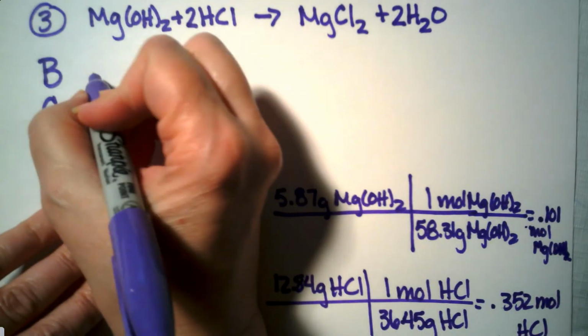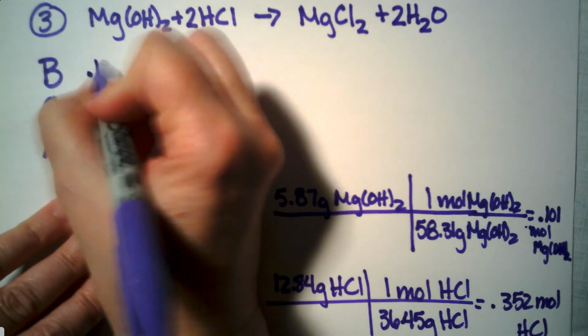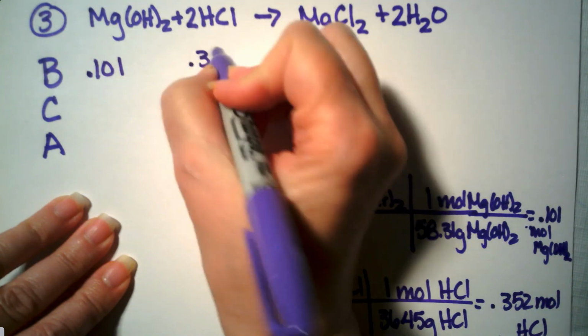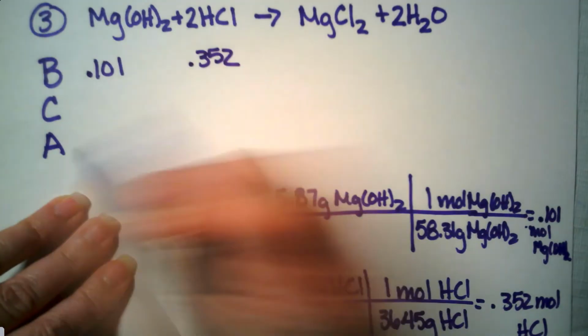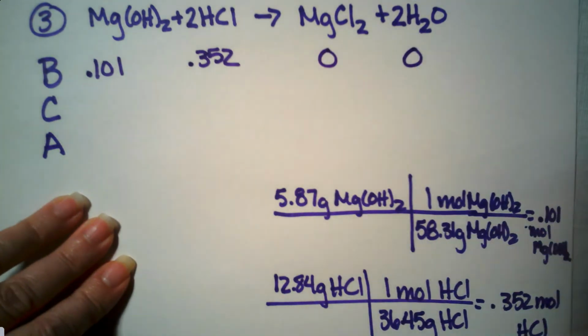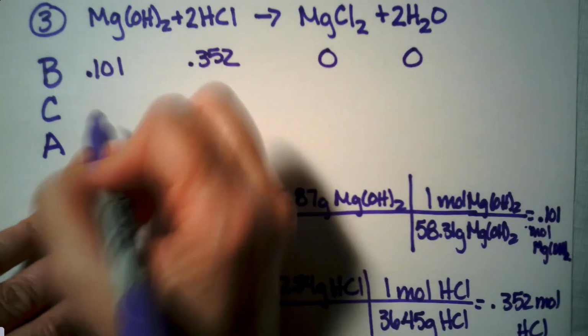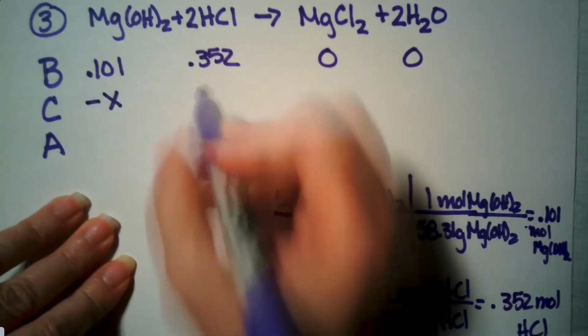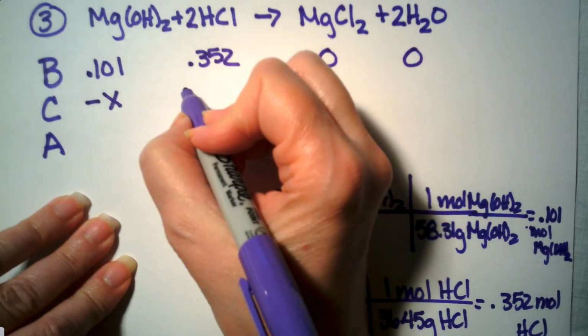Okay, so I've got 0.101 and 0.352. I know both of my products are starting out as 0 because we haven't made it yet. My change, this one's going to be by a negative x. This one now, what is it?